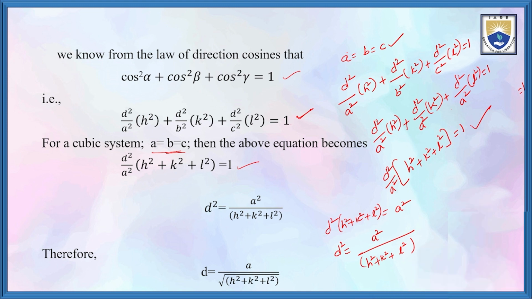Then what for d? So d is equal to a by root of h square plus k square plus L square. So this is the interplanar spacing d, which is for the plane ABC.